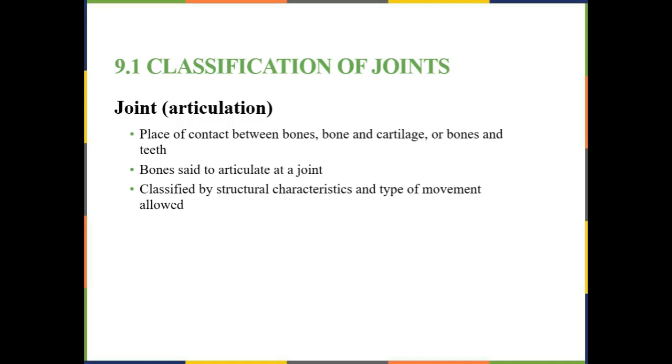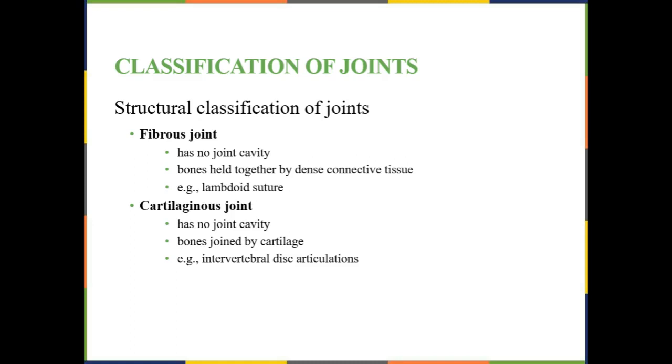The joints are classified structurally by what they're composed of and functionally by how they move. We have three structural classifications of joints. A fibrous joint is composed of dense, regular connective tissue, and fibrous joints have no joint cavity, so it's this dense, regular connective tissue that holds two bones together.